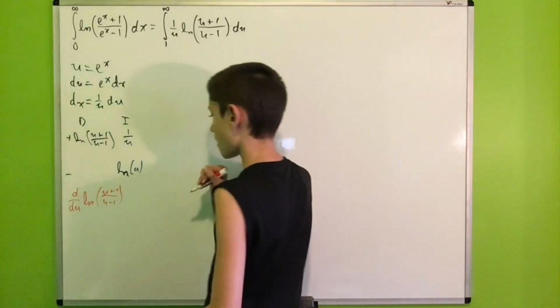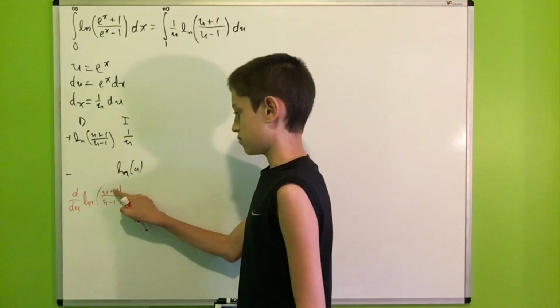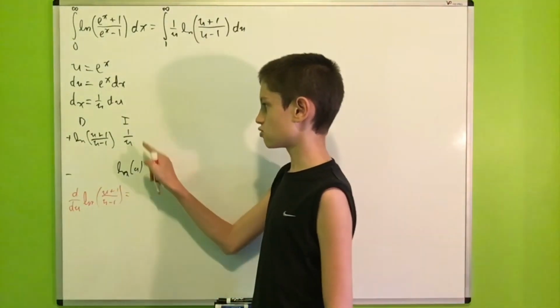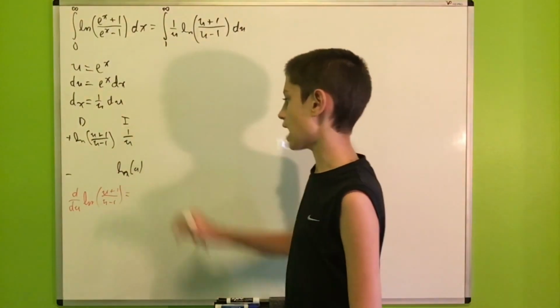The derivative with respect to u of natural log of (u plus 1) over (u minus 1), I'm sorry, the derivative of natural log is 1 over its argument, as we have already found out.